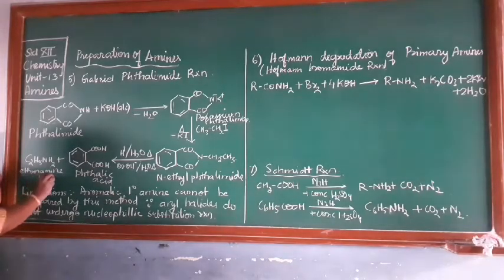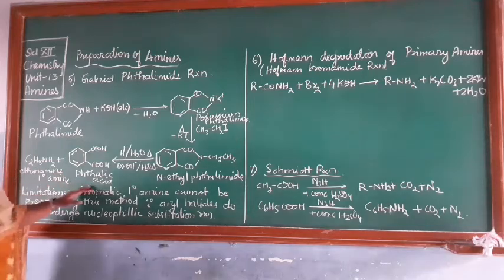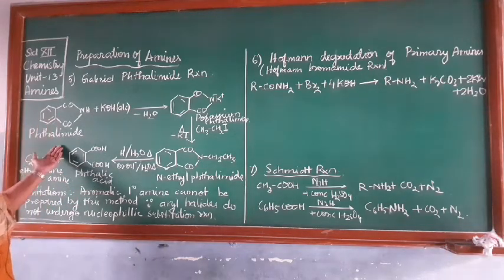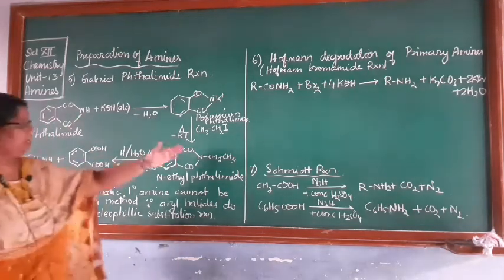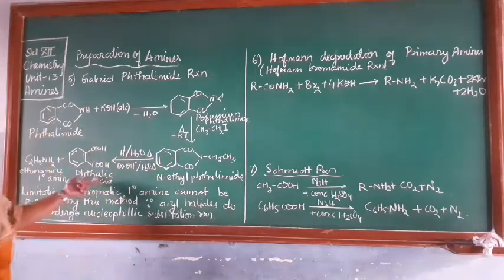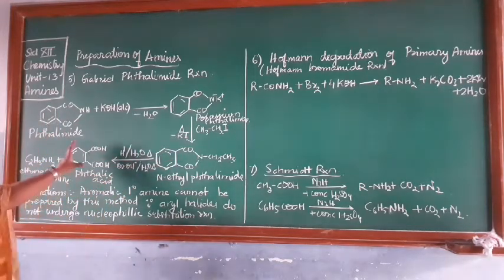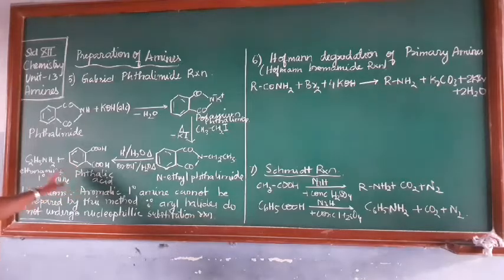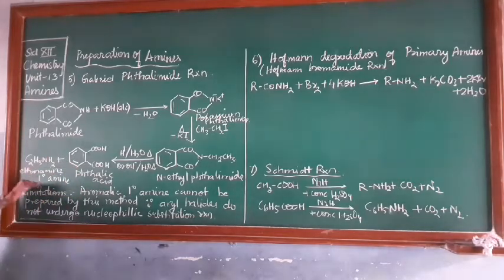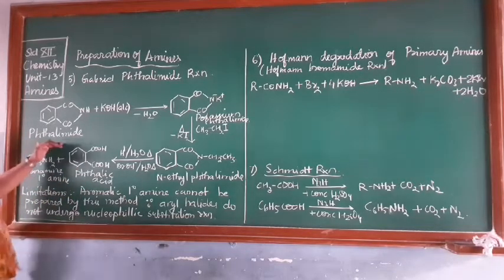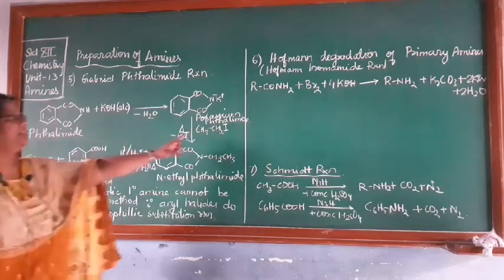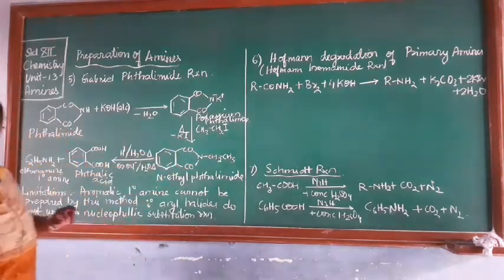Okay, so this is your primary amine. अब ये जो phthalic acid है, again you can convert into phthalimide and again you can carry out this process. So this can be reused here. Okay, so this is how you obtain an aliphatic primary amine using phthalimide with some alkyl halide.